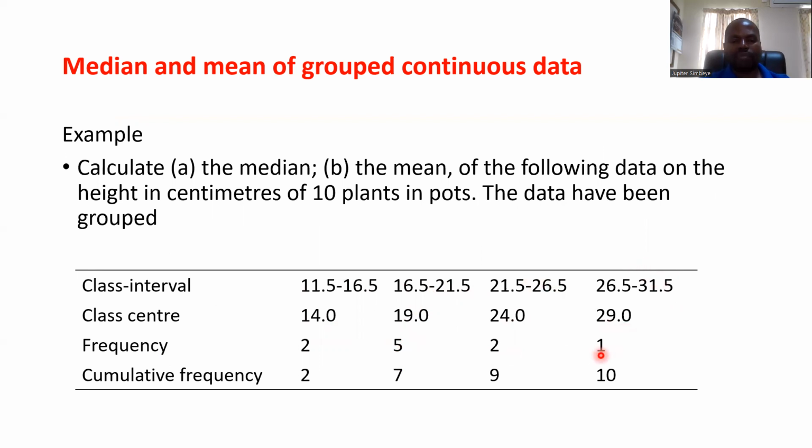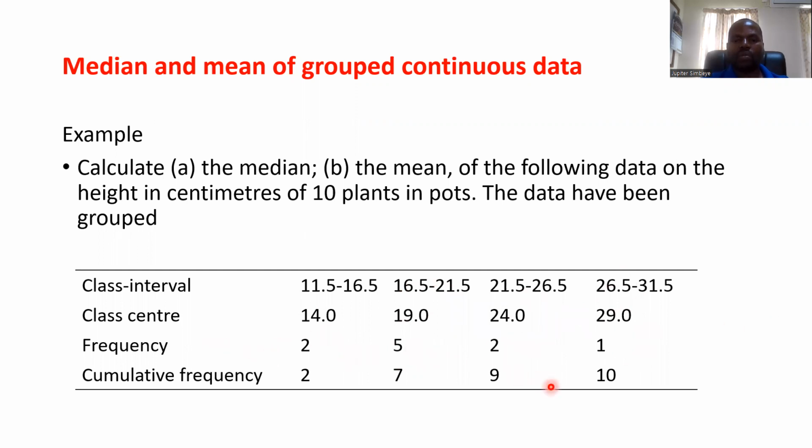In the previous example, because these were discrete observations, distinct values, we had 0 letters, 1 letter, 2 letters, and we could multiply the frequency of the 0 letters times 0, the frequency of the ones times 1. So here, instead of the distinct values, we are going to use the class centers. The class centers for each interval are the distinct values that we multiply by their corresponding frequency, and again we add that, it gives us a total.